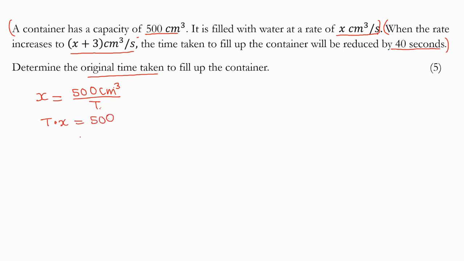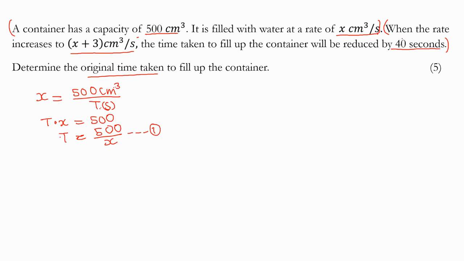Let me just leave the units here. I wanted to show you that this is cubic centimeters per second. And then t is equal to 500 divided by rate. Some people can just write this equation once. t is equal to 500 divided by the rate.